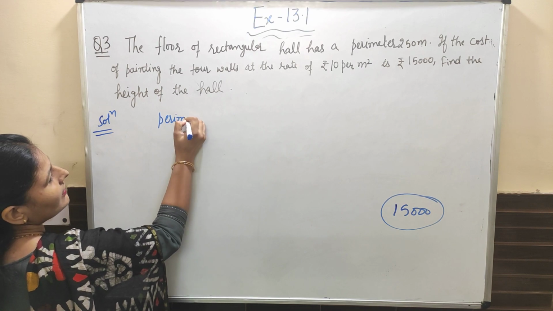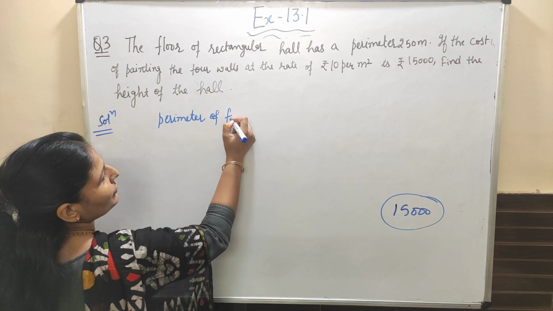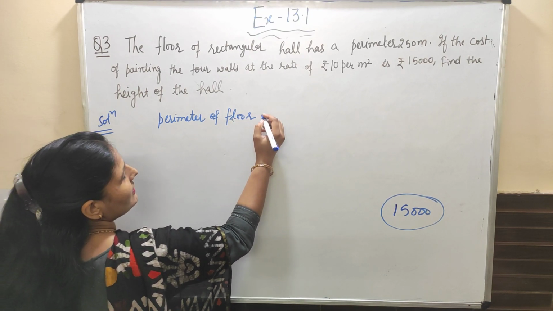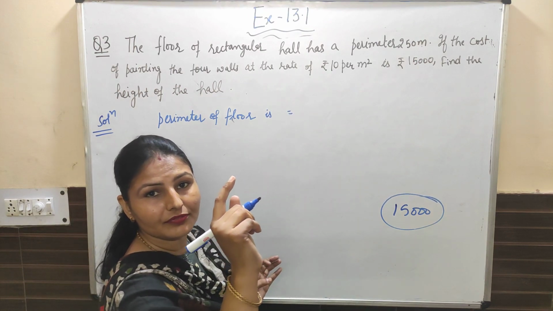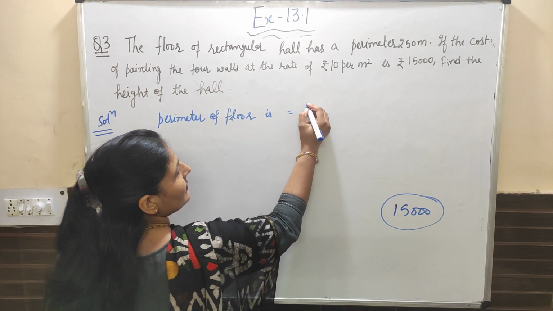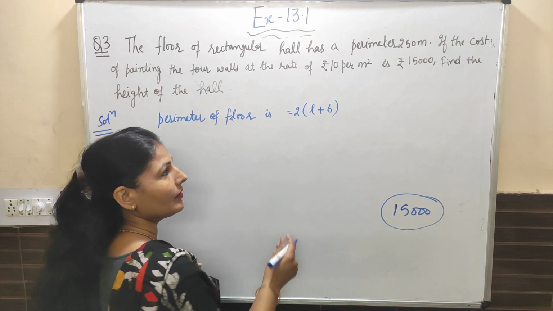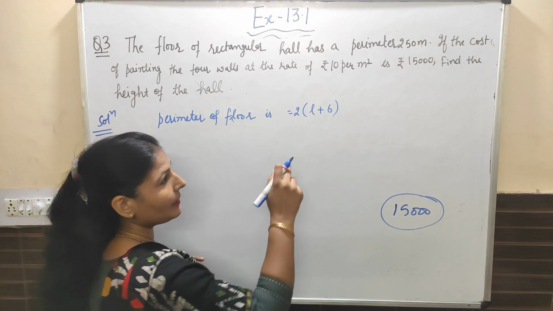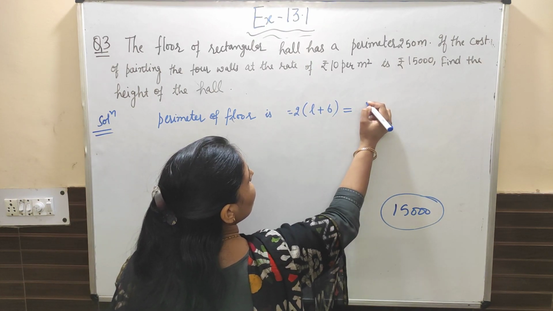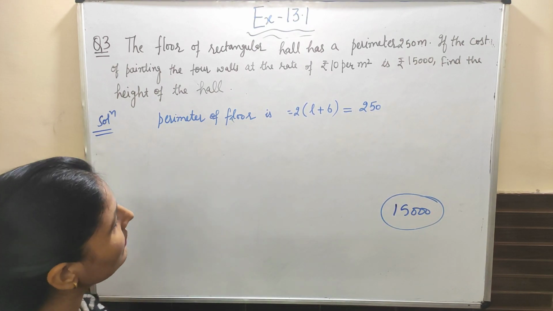Perimeter of the floor is 250 meters, which is given to us. What is the formula of perimeter of a rectangle? It is 2 into (L plus B), and it is equal to 250. I hope you have remembered this formula.